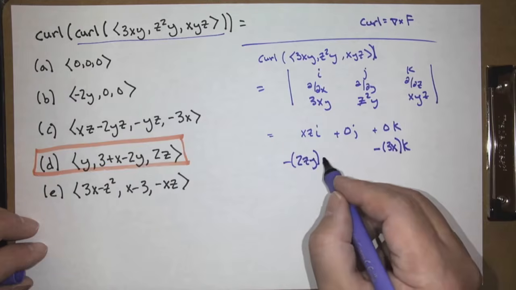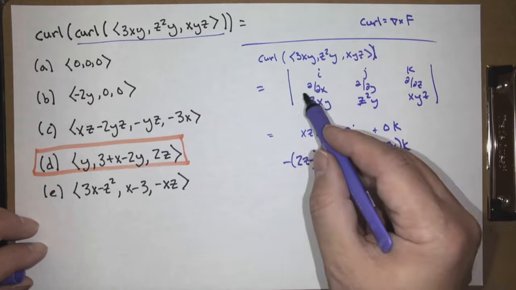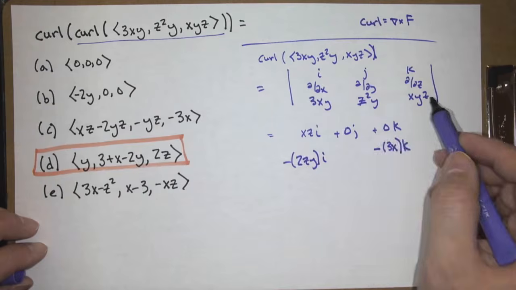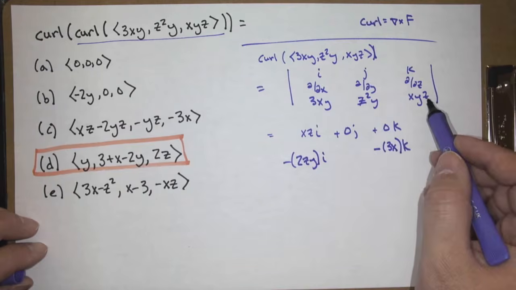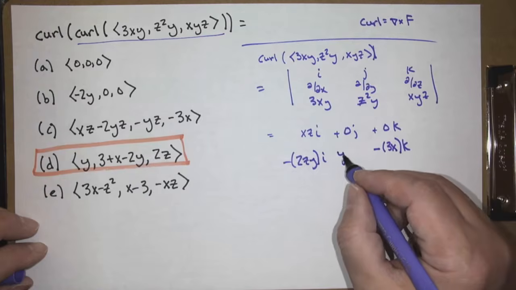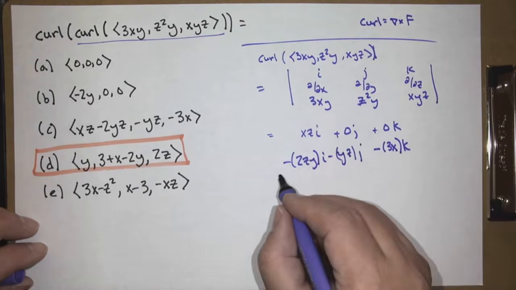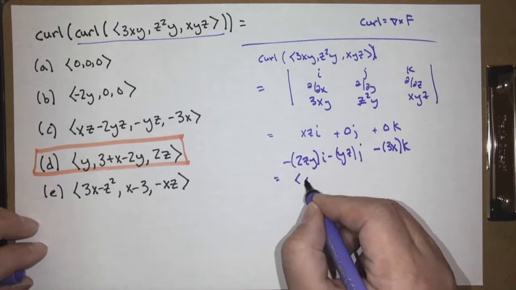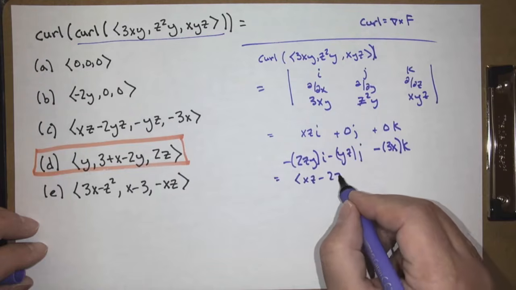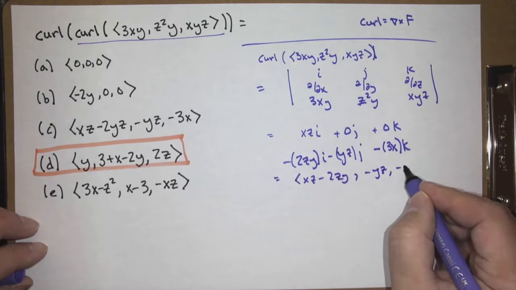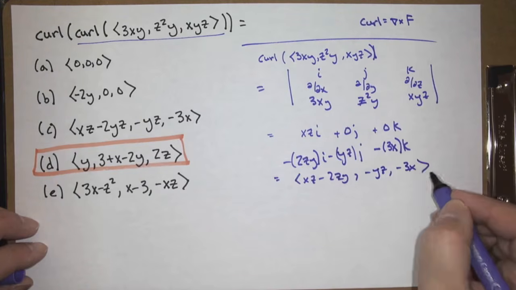And we need to subtract. Then we have our last diagonal, xyz, partial x, j. So partial x of xyz is yz. It's in the j direction. We need to subtract. So that gives (xz minus 2zy, minus yz, minus 3x).